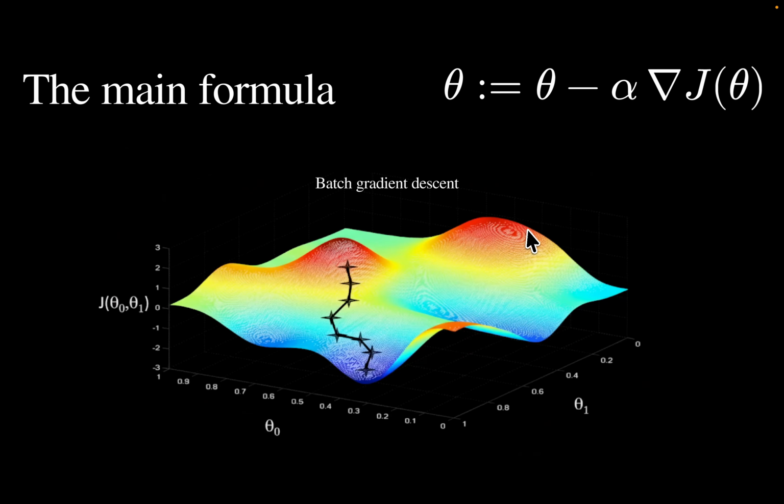When we're high, we see a huge value of the cost function, and obviously we want to minimize it. Let's say here is theta 0,1 and theta 1,1.